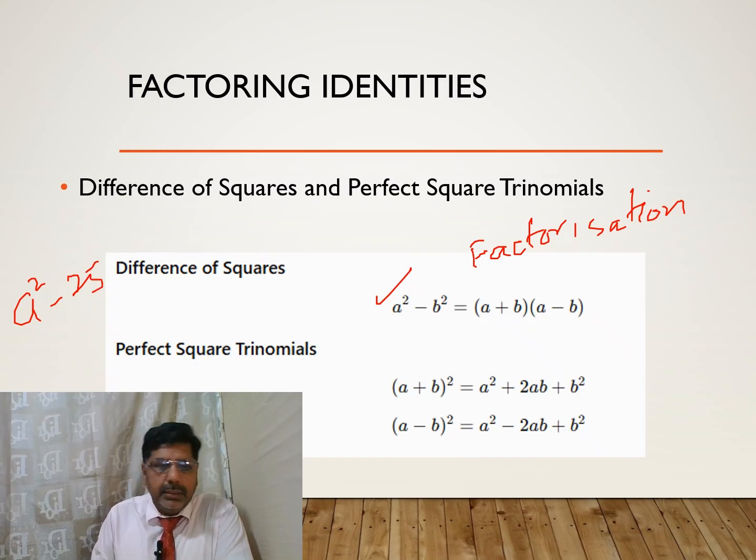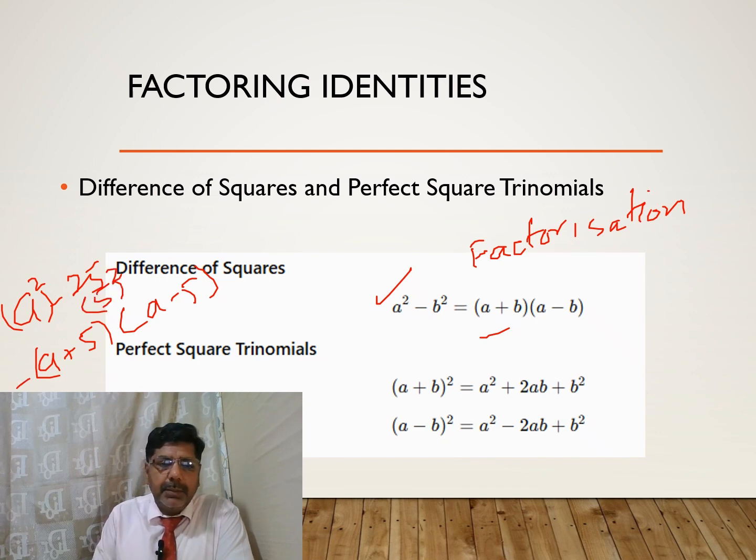Rather than thinking about it, apply this formula. It means that it is (a plus 5)(a minus 5). Why? Because a squared and 5 squared are a squared and b squared, one time positive, one time negative.